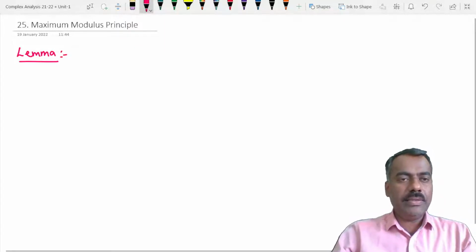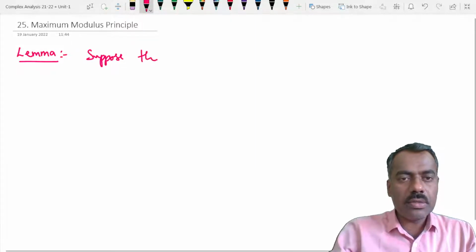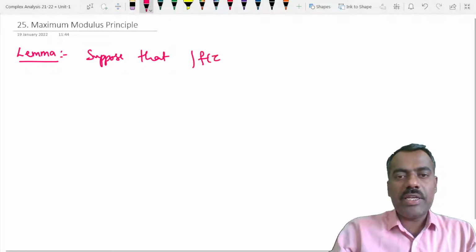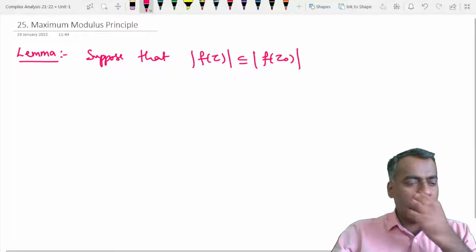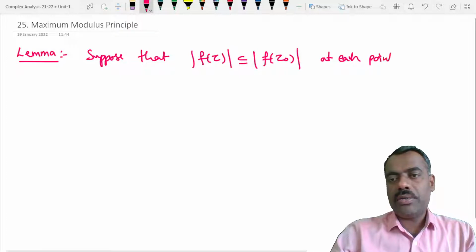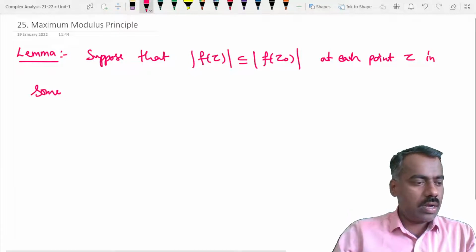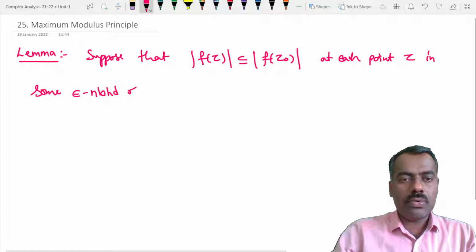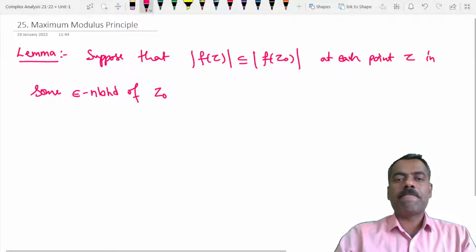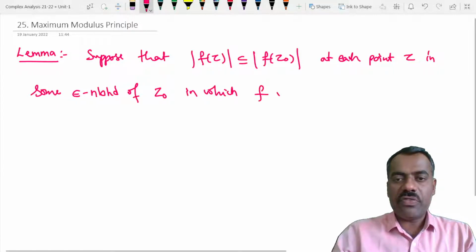What it says is that, suppose that mod f of z is less than or equal to mod f of z naught at each point z in some epsilon neighborhood of z naught, in which f is analytic.